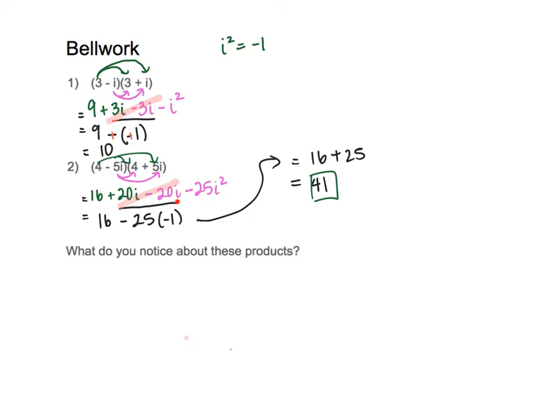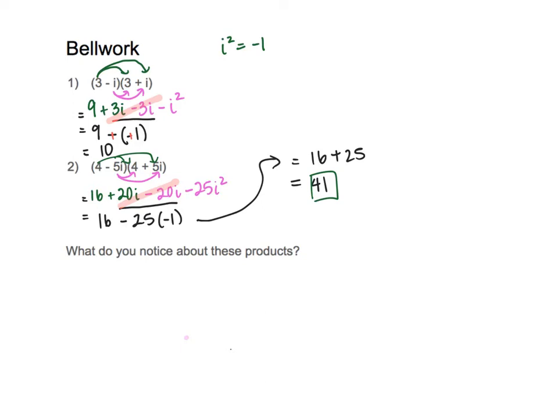And so in this case, whenever you multiply two factors that are the same but different in signs, the middle term cancels. It's just like how you think of when we were working with the difference of squares, when we were learning about factoring. It's kind of like that.